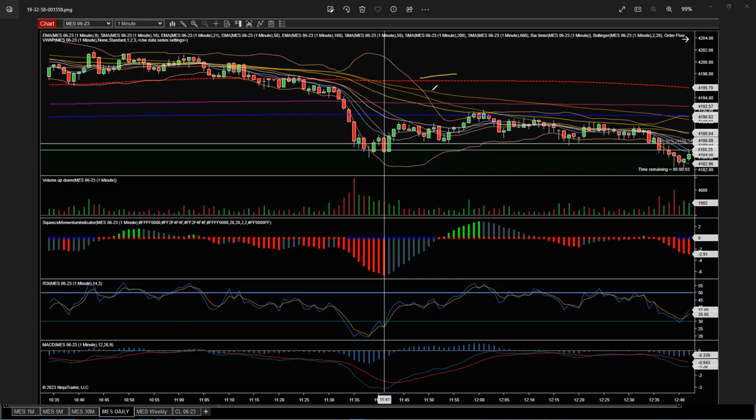So here's a 200, here's a 100, here's a 50 SMA, 50 EMA, the 21 right here, the 10 SMA, and the 9 EMA. But since the 666 is not up top, now you're already thinking it's going to pull down all these moving averages below the 666. So let's see what happens.